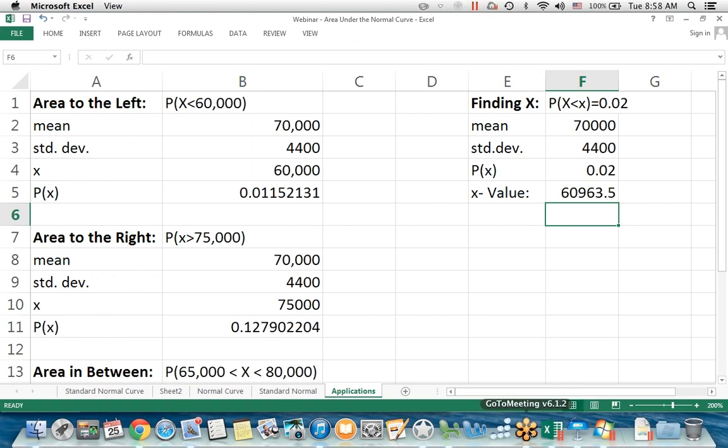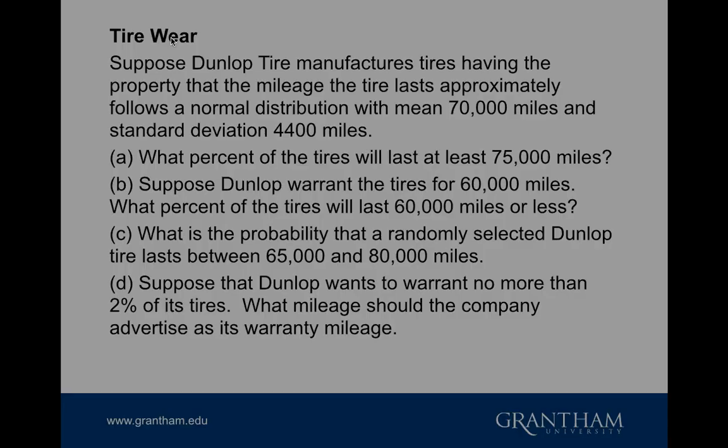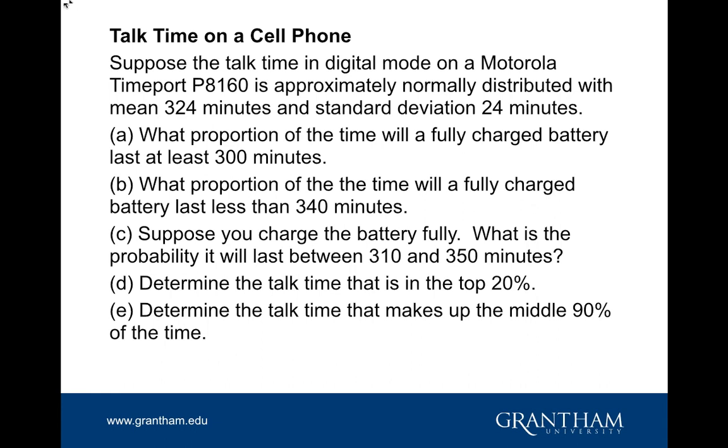Now we're almost finished. Let's go ahead and do another problem to make sure that we've gotten this. This problem is about talking on a cell phone, and we're going to do only the first four problems.